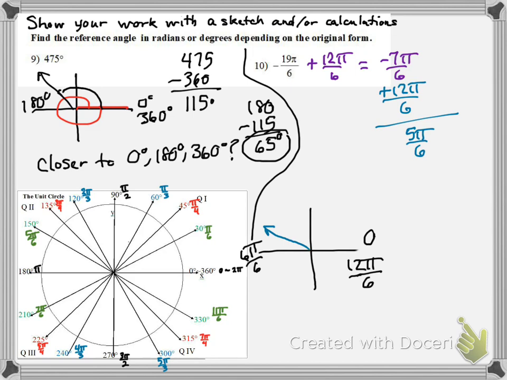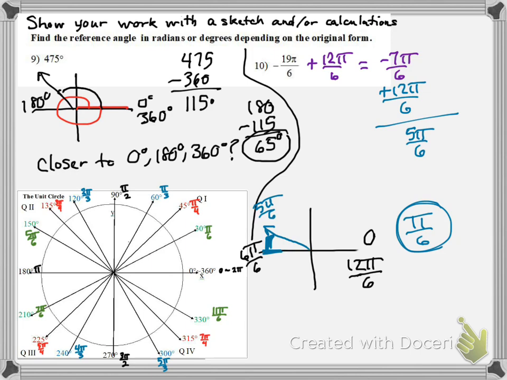I just want to know about where it is. So if this is 5 pi over 6, and this is 6 pi over 6 right here, how far is it to the nearest part of the x-axis? Pi over 6. That's my reference angle.